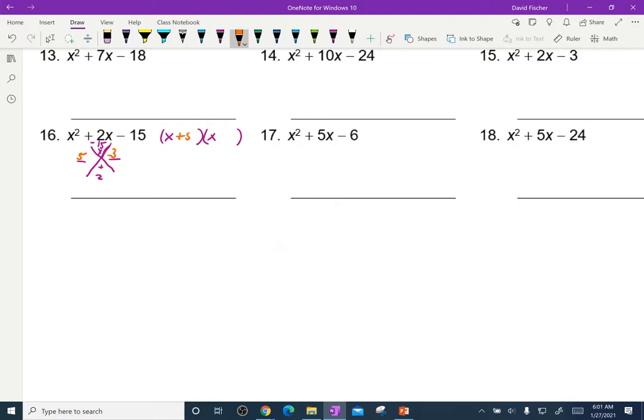So this is going to be a plus 5, and this is going to be a minus 3. Again, check your FOIL, even though it's an even problem. It only takes a second. And it works. So my answer is x plus 5, x minus 3.